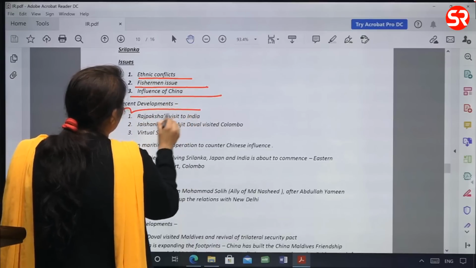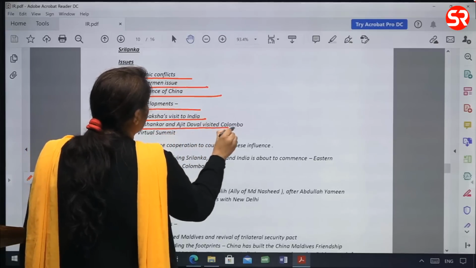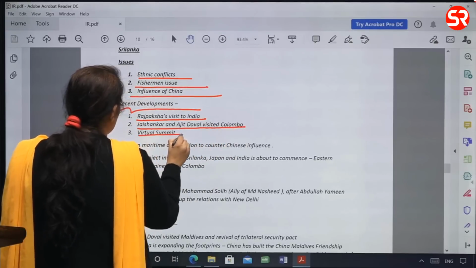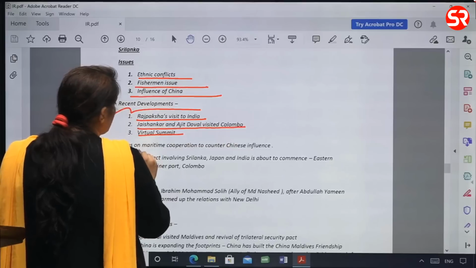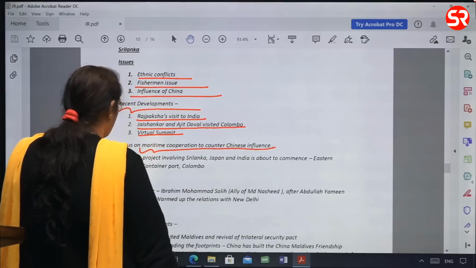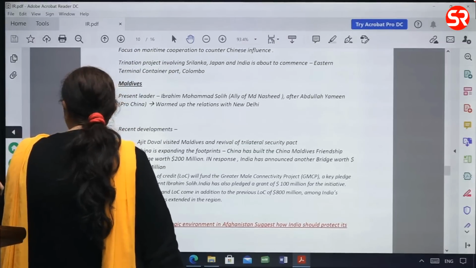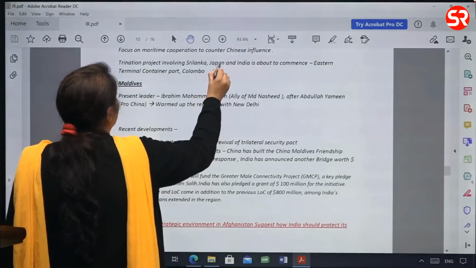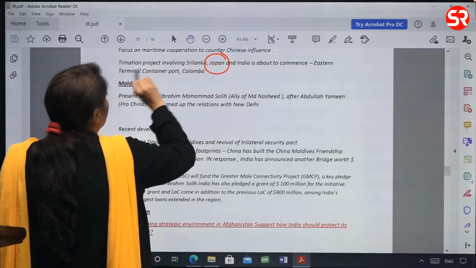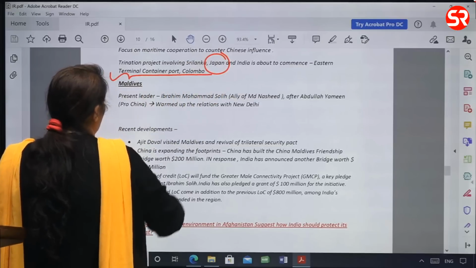Recent developments are Rajapaksa's visit, Jaishankar and Ajit Doval's visit, and the virtual summit. The focus is on maritime cooperation to counter Chinese influence. India is also working in partnership with Japan for development of the Eastern Container Terminal port.